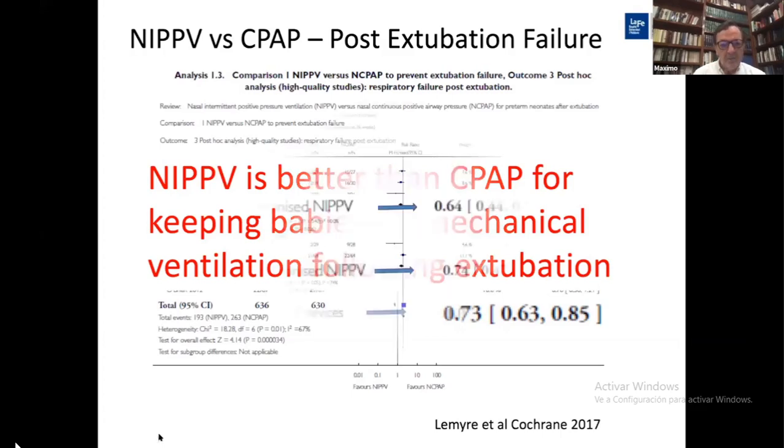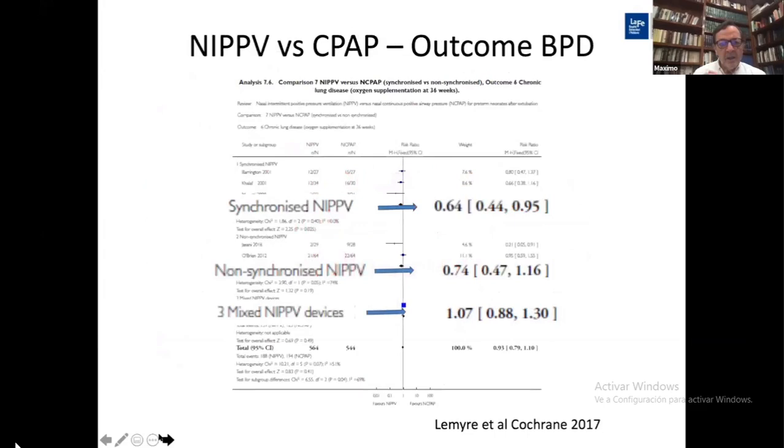We have also reviewed the Cochrane review by Lemyre in 2017, and it showed also that synchronized nasal IPPV, or even non-synchronized, was better to avoid chronic lung disease.